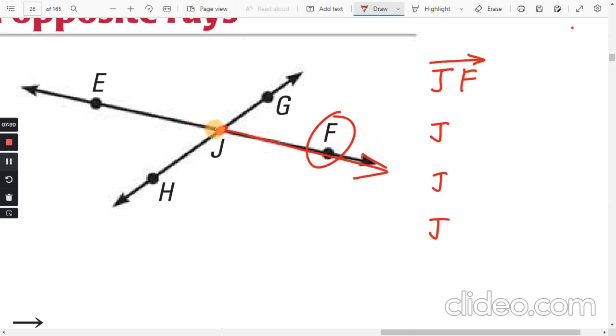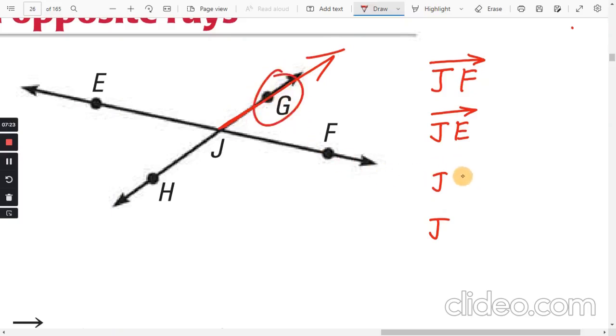The ray going to the left is JE. Notice I put the correct symbol on top. The ray going up is JG. And the ray going down is JH. Again, notice the symbol on top always points to the right, even if the ray doesn't point to the right.